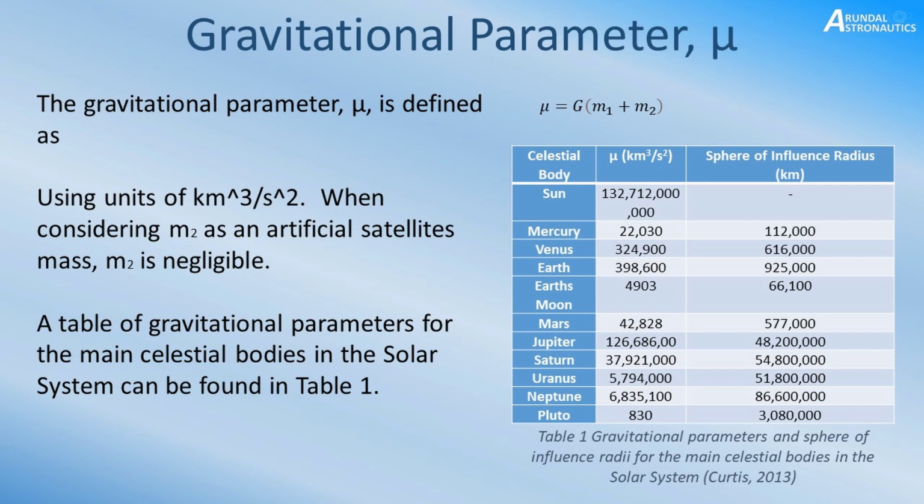Now when we consider artificial satellites and spacecraft, m2 is negligible compared to the mass of the planet, so it simplifies to universal gravitational constant G times the mass of the celestial body. Now we don't need to calculate these because these have already been calculated for many celestial bodies and they're included in the table that's on this slide here.